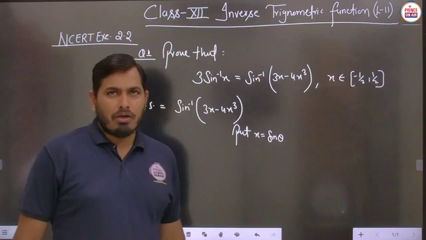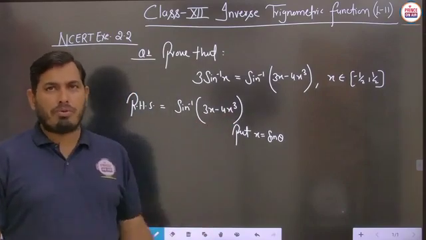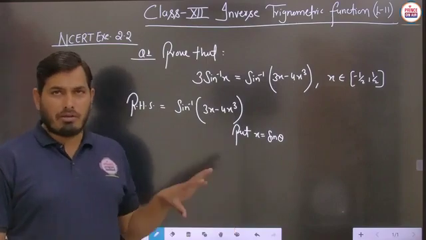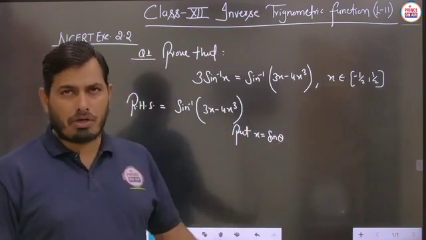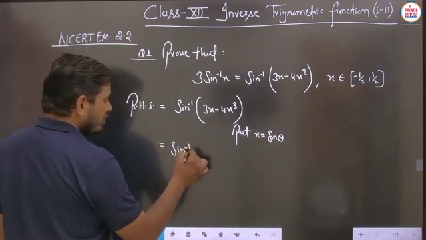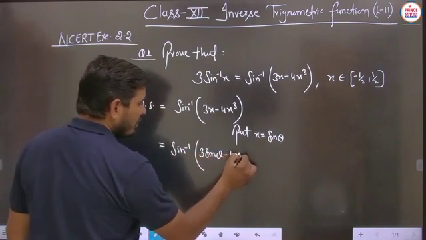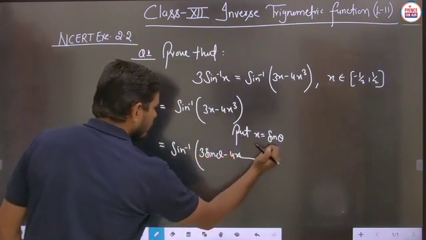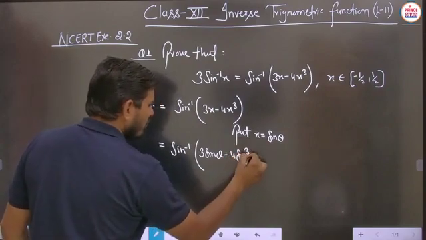So we have to see the expression and decide which formula is to be made, and according to that use the substitution. Now you can write this as sin inverse of 3 sin theta minus 4 sin cube theta.